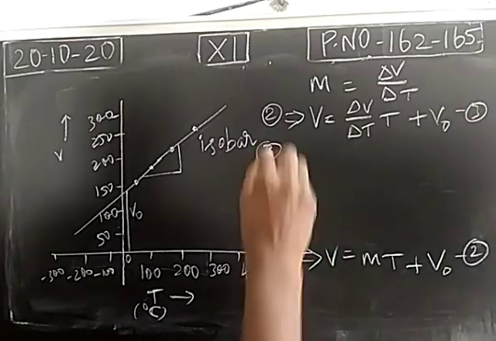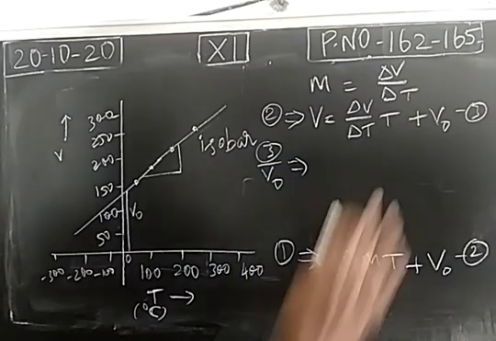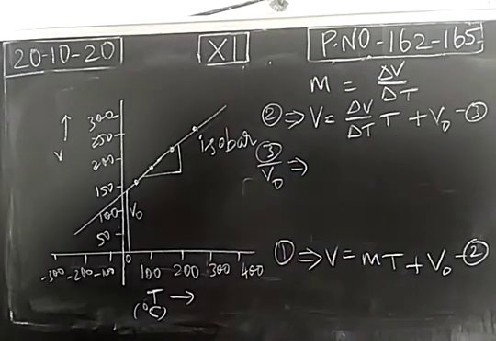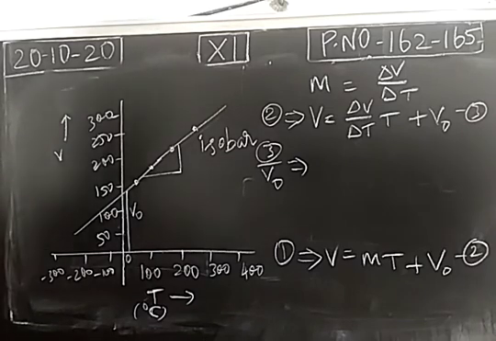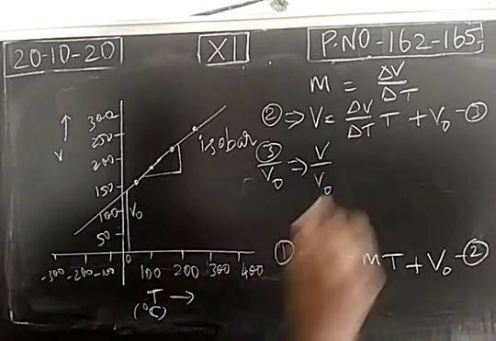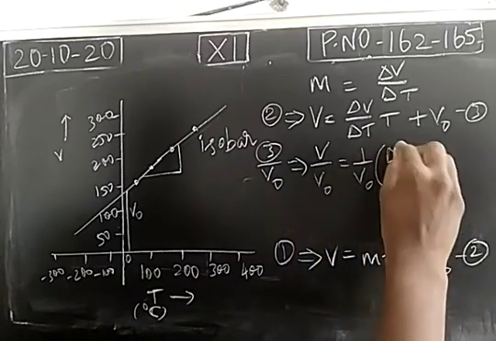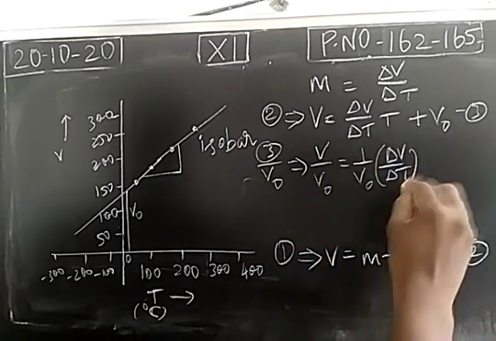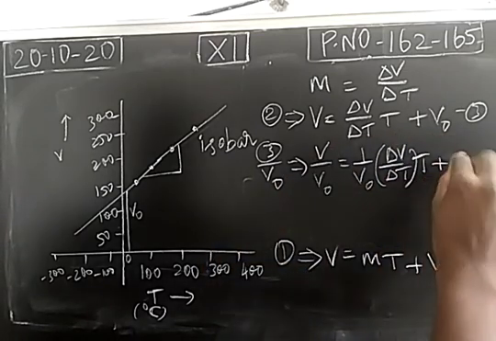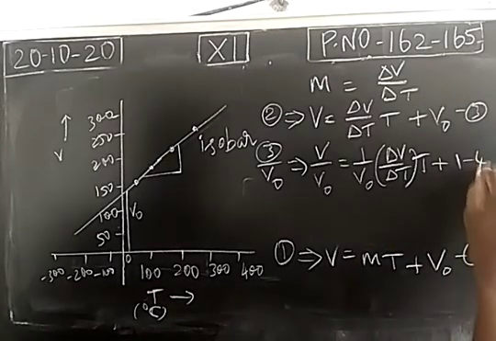The third equation is divided by V0. Divide this third equation by V0, we get V by V0 is equal to 1 by V0 delta V by delta T multiplied by T plus 1. Okay. So this is considered as equation number 4.